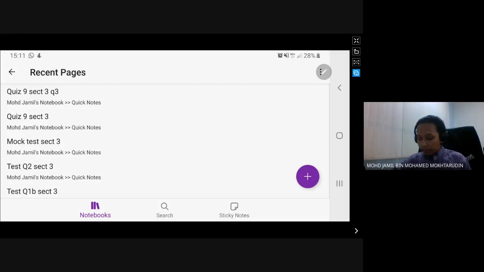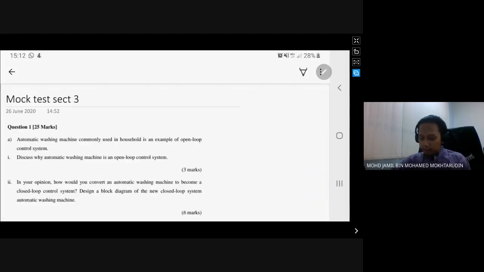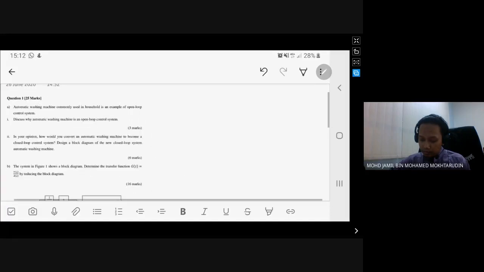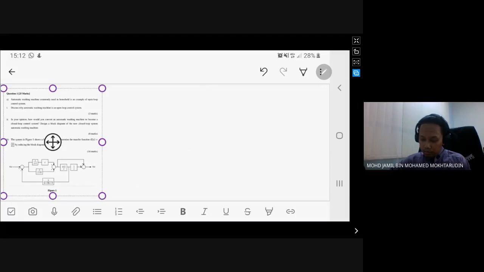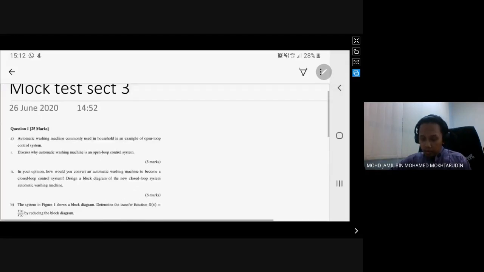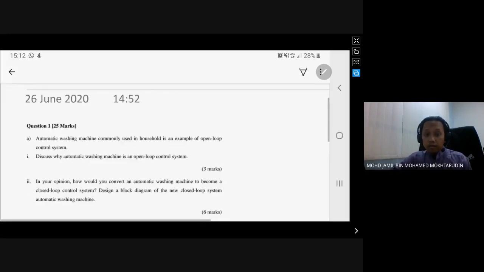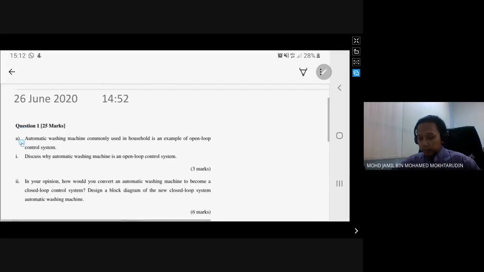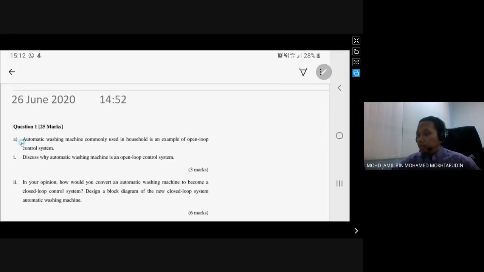So we will start with your mock test. Okay, so for mock test, question 1A: automatic washing machine commonly used in a household is an example of open loop control system.